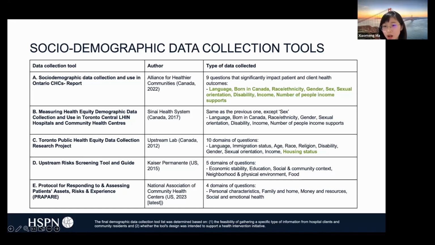The questions always ask for information on language, birthplace, race or ethnicity, gender or sex, sexual orientation, disability, income, and income support. The Upstream Lab particularly asks for information on housing status, which also makes great sense because housing is taken as an important consideration among all social determinants of health.